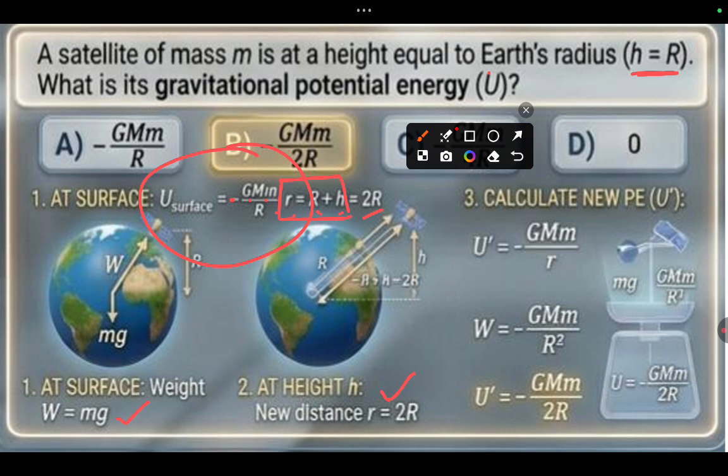You only want gravitational potential energy, so you go with this formula, not the weight one. So the answer is U equal to minus G M m by 2R.